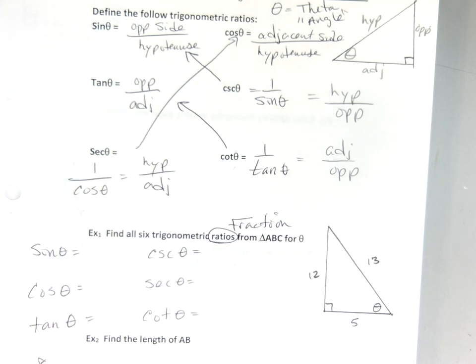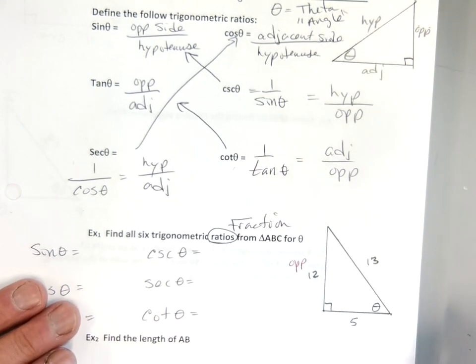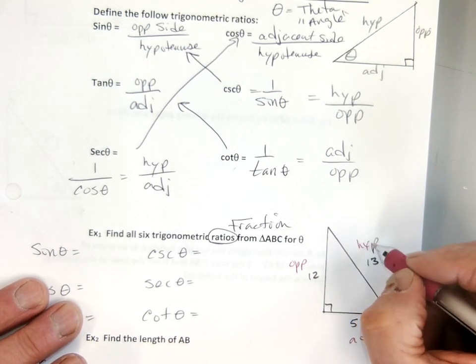Well, what's really nice is to label the triangle before I even start, because it gets really easy. So, for example, here's my angle, 12 is my opposite side, 5 is my adjacent side, and 13 is the hypotenuse, right?